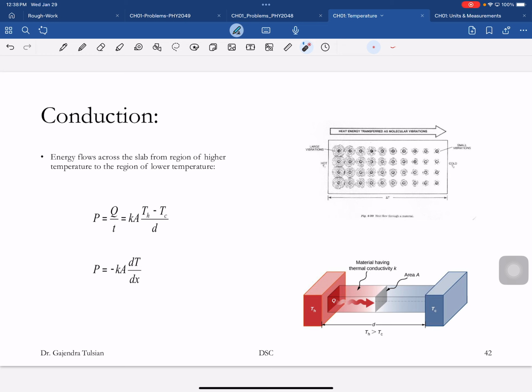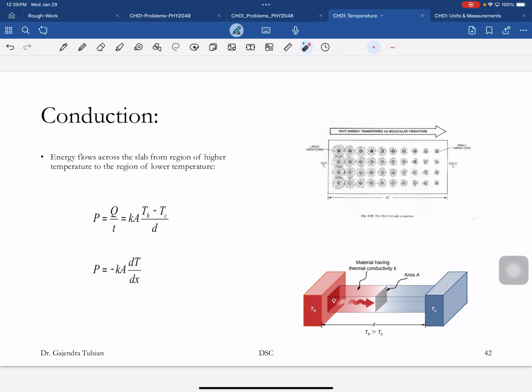So the rate of heat flow is equal to the thermal conductivity of the substance through which heat is flowing, the area of cross-section, and the temperature difference between the two objects divided by the distance, how far apart they are. Or in this case, the length of the conducting object.